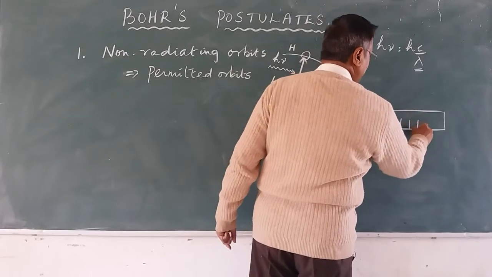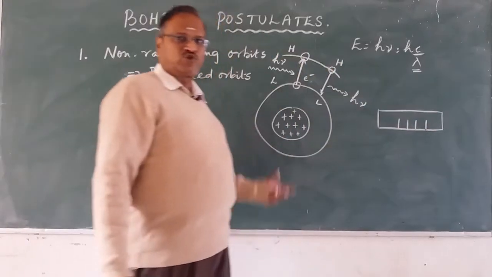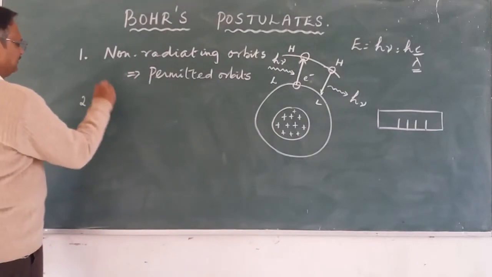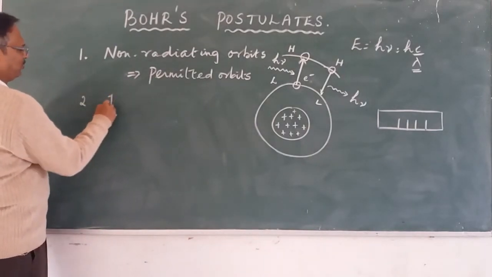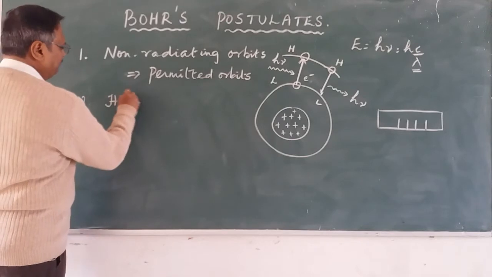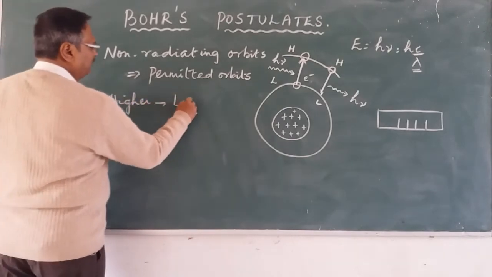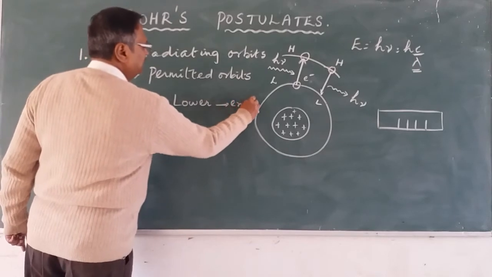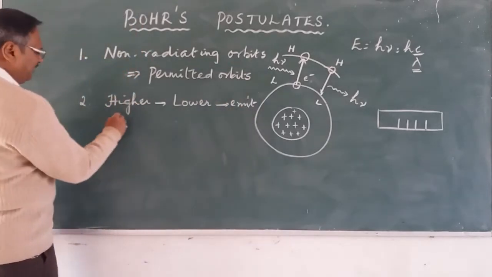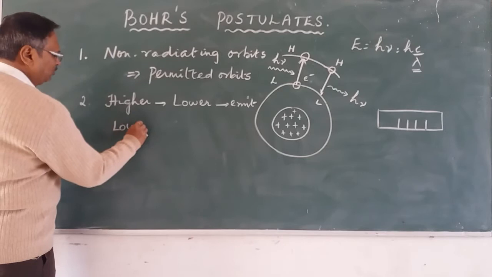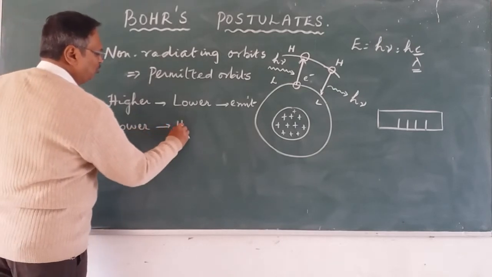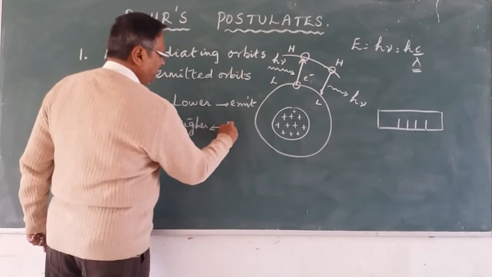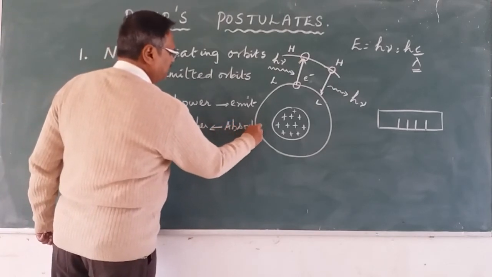It represents wavelength. So it could explain it. So the second postulate is: when the electron jumps from a higher energy level to a lower energy level, it will emit energy, and when it is moving from a lower energy level to a higher energy level, it will absorb energy. Okay, so this is the second point.